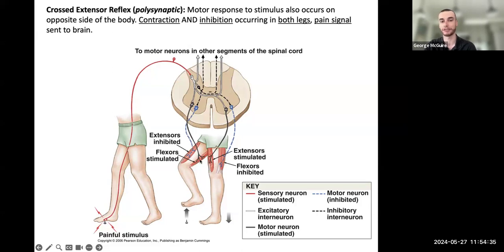So we're going to stimulate flexion of the right leg and inhibit extension in order to pull that right leg away. And simultaneously, we're going to stimulate extension and inhibit flexion of the left leg.